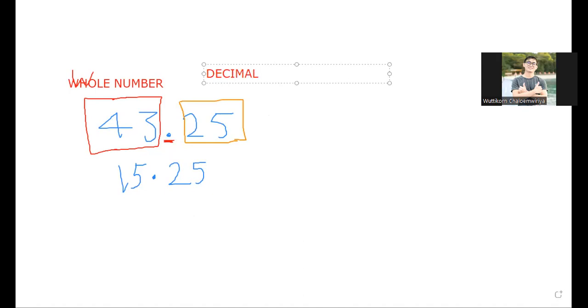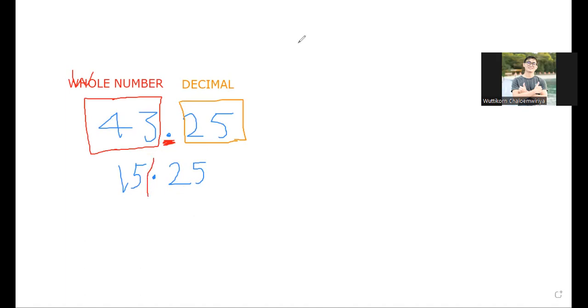Exactly, decimal. So we call the number on the left side of this point a whole number, and the number on the right of this point or dot, we call it decimal.